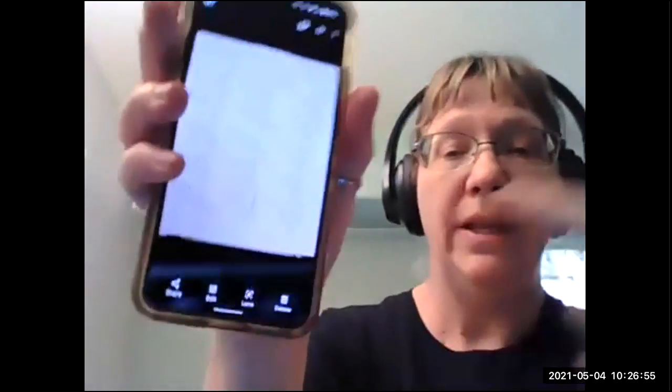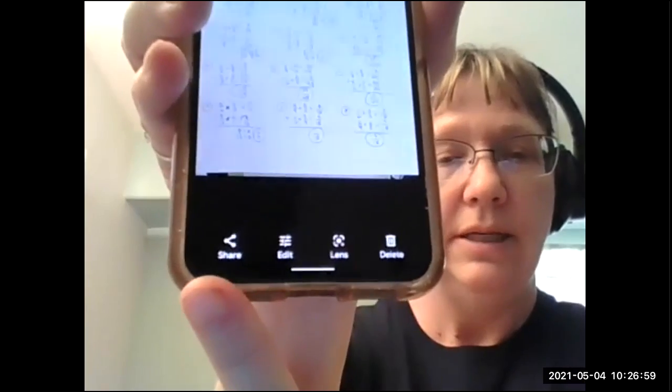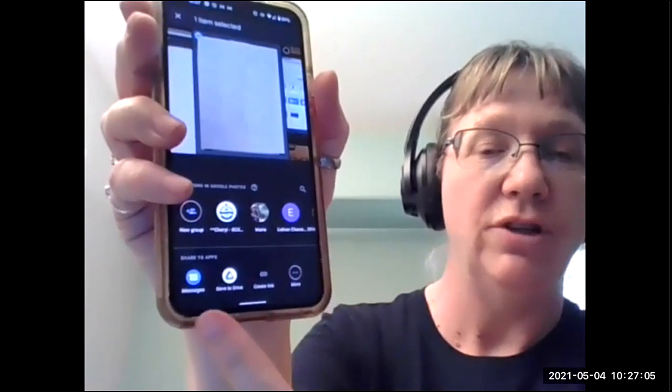If you're on your phone and you're taking a picture, I'm going down to the share. In the share, if you don't have it yet, you can scroll and find Save to Drive and pick your school Google Drive. Then make sure you save it by changing its title, or you're going to go, oh, where did I put that again?